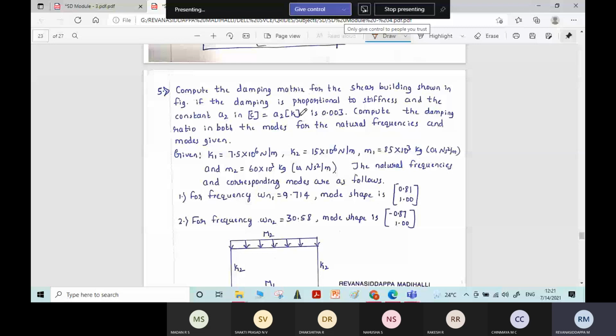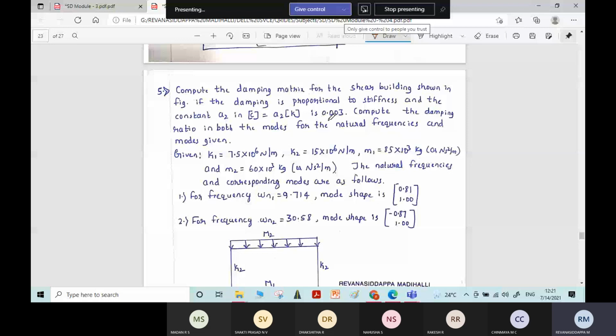Compute the damping ratio in both modes for the natural frequencies and modes given.